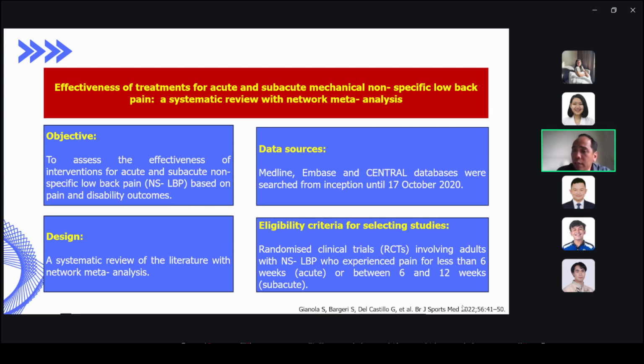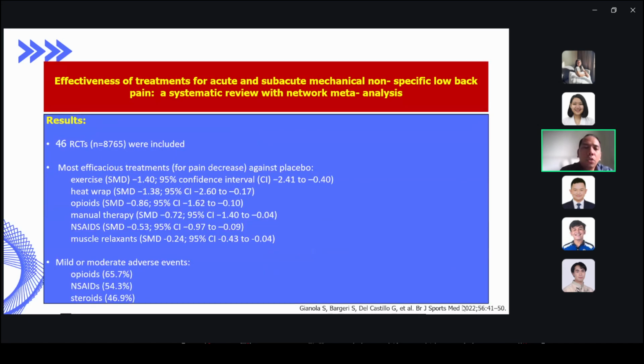Ano nga yung acute? Less than 6 weeks, and chronic pag more than 12 weeks or between 6 and 12 weeks. So from acute and subacute low back pain lang ito. So from the meta-analysis, included studies were 46 RCTs. So yung pinakita ko kanina, yung from 1991, I think na-involve na siya dito, no? And then involving 8,765 patients.